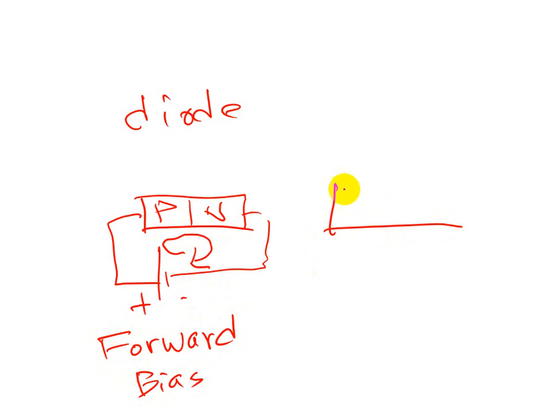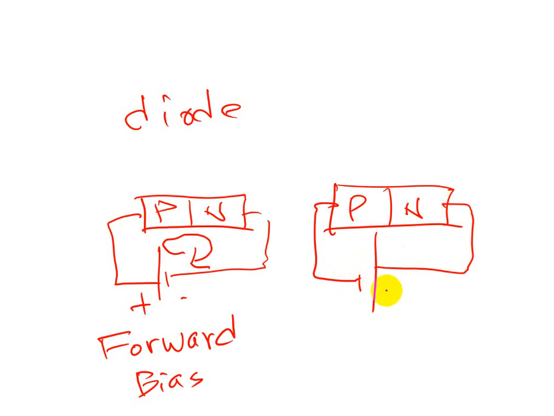If you have the PN junction with the P connected to the negative and N connected to the positive side of the external power supply, this is called reverse bias.